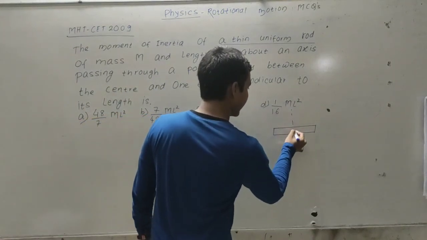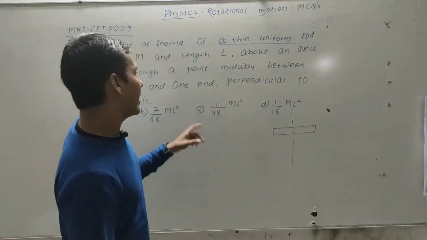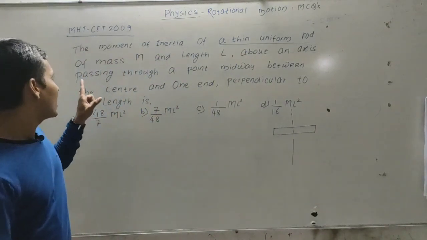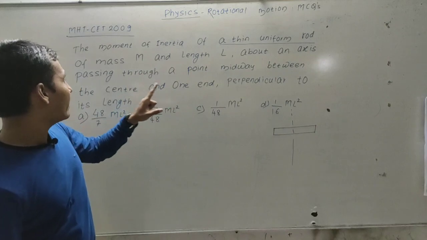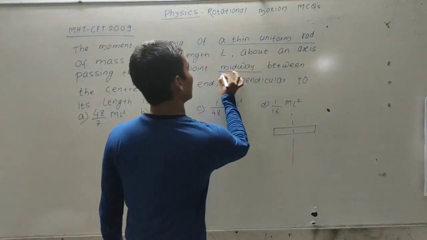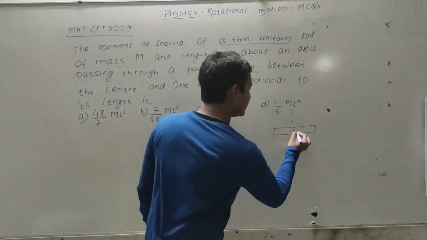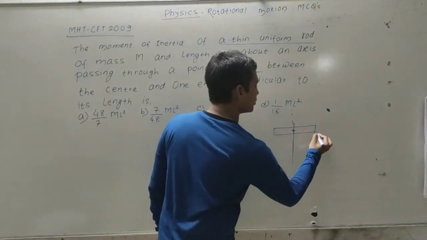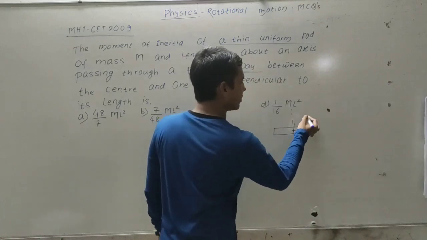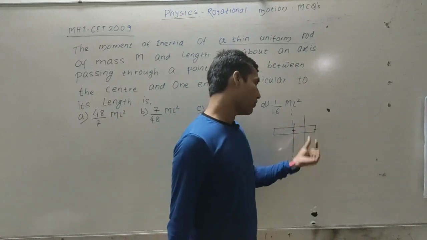Here is an axis, our midway axis. They are asking about an axis passing through a point midway between the center and its one end. So this is its center and its one end. So we have to take midway between its center and one end.